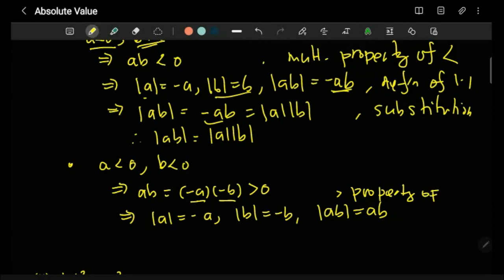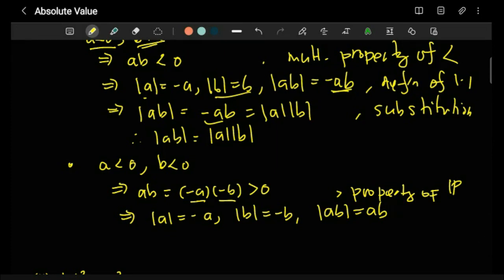Of course, you can also use, by the way, property of inequality. Kasi di ba A is less than 0 pa rin naman. So if I multiply B both sides, since B is negative, mababaligtad yung inequality. You still have the same result. Okay? Either you use property of the positive number or property of inequality, pareho lang. It's up to you which one you want to use.